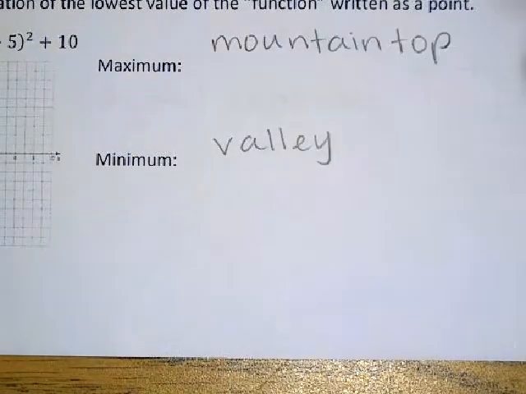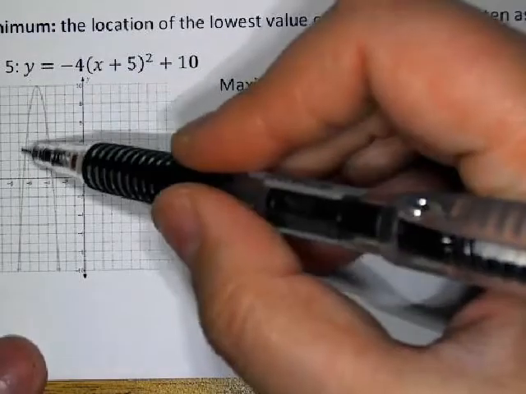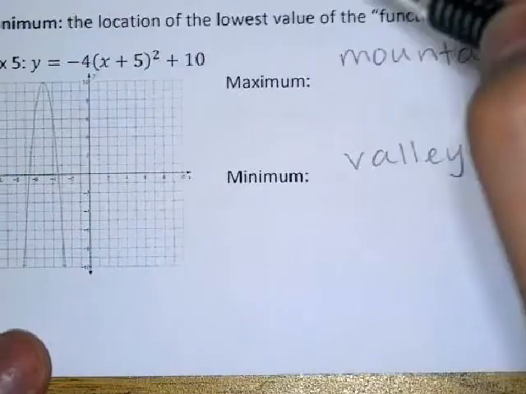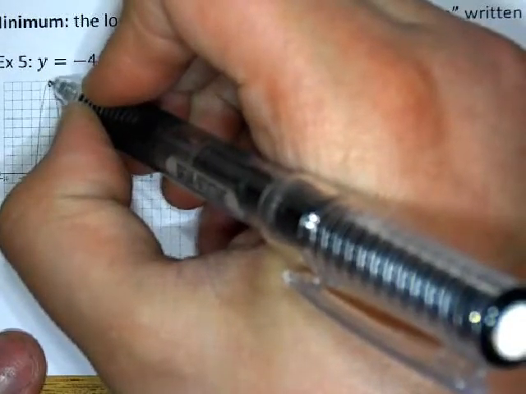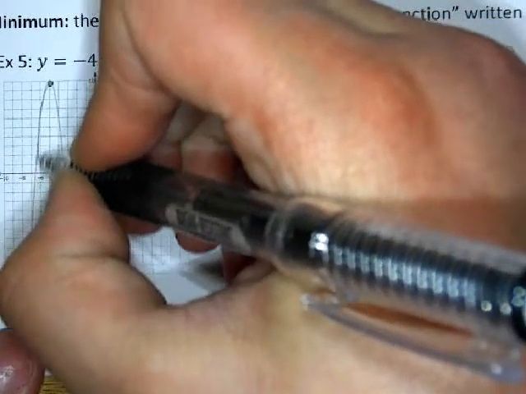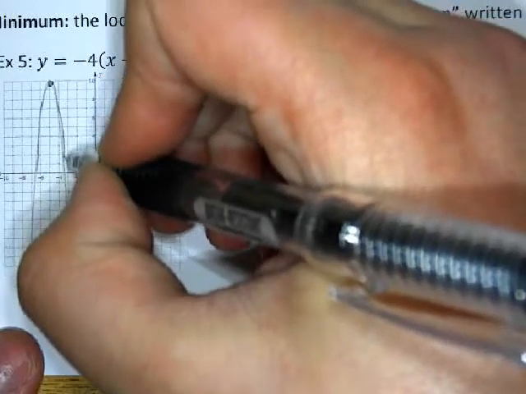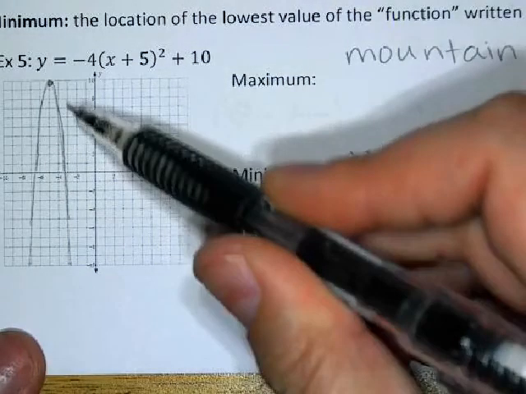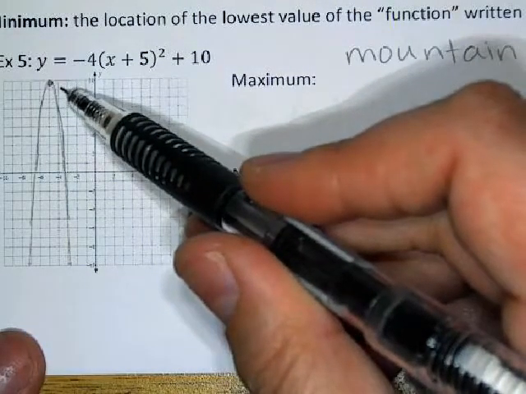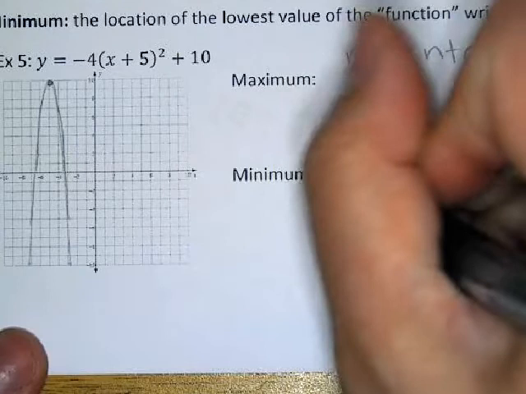So for this picture, it's very faded. You can't quite see it. But this quadratic is upside down. And so it has a vertex right up here. There's the graph, if you can see it a little bit better if I trace it. So this one has a maximum, it has a mountaintop, but it doesn't have a valley. So for minimum, I would say none.